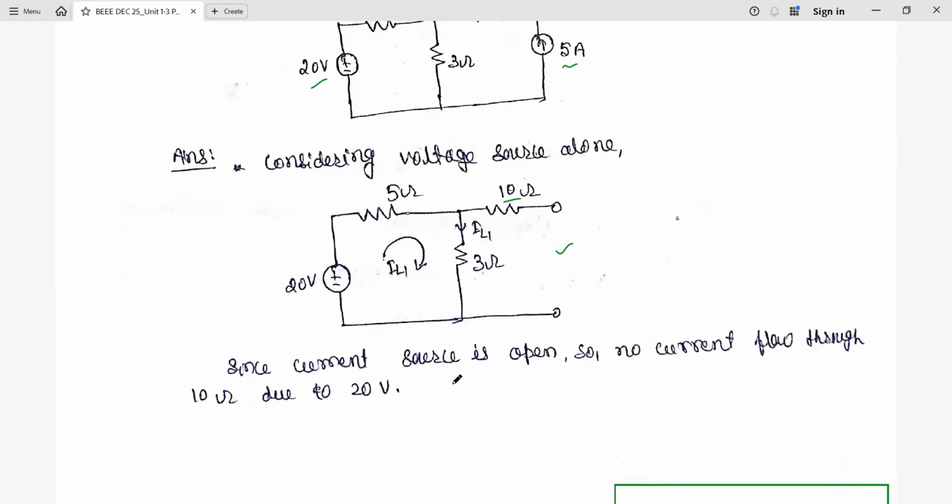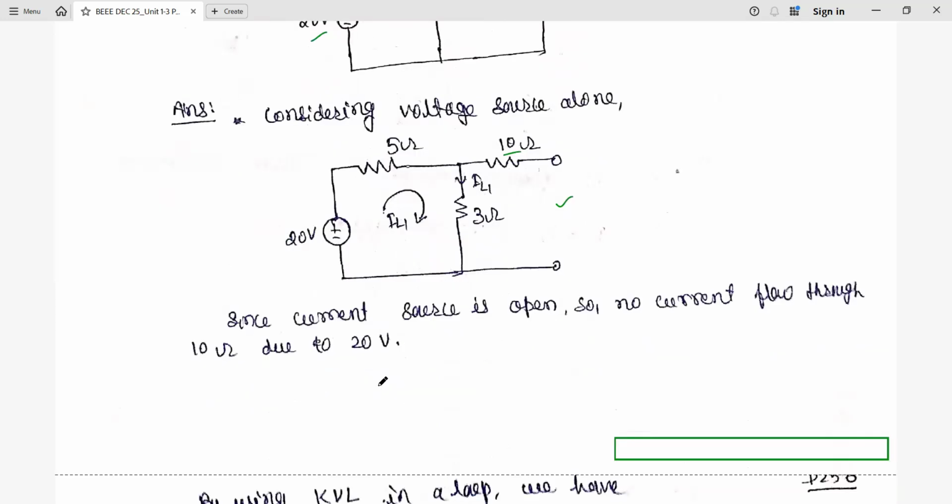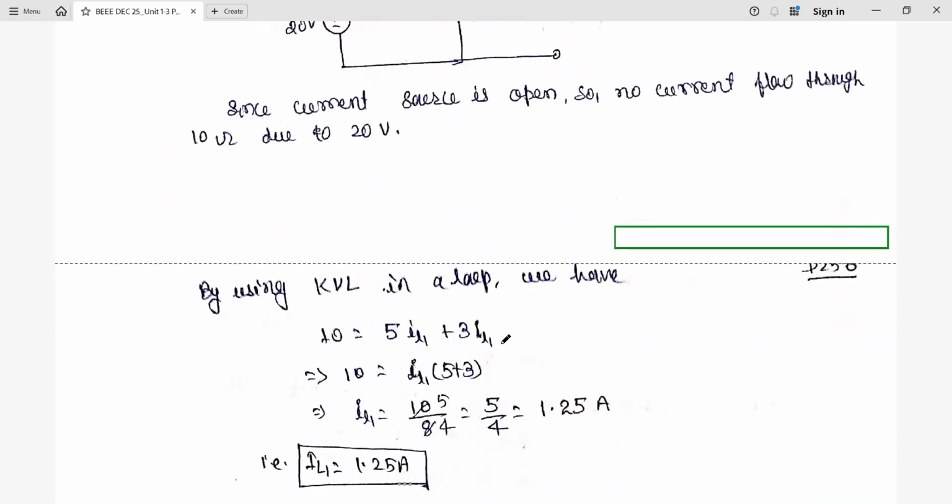By using KVL, Kirchhoff's voltage law, we can write this expression. The algebraic sum of the voltages in a particular loop is 0.